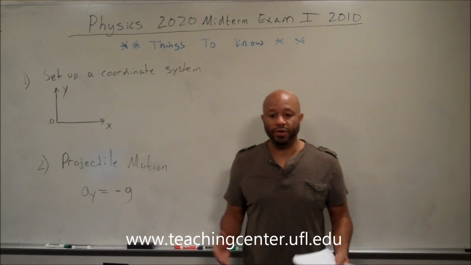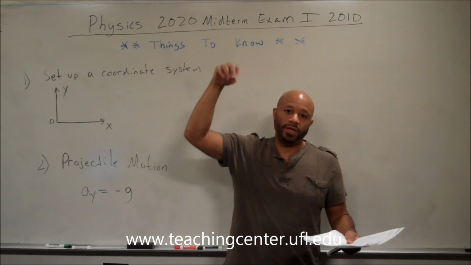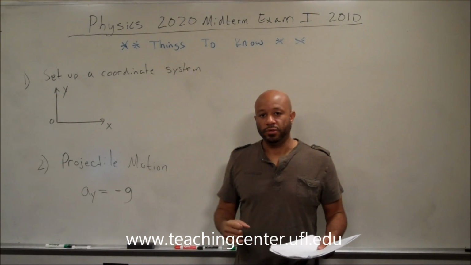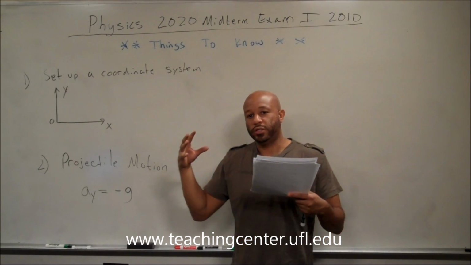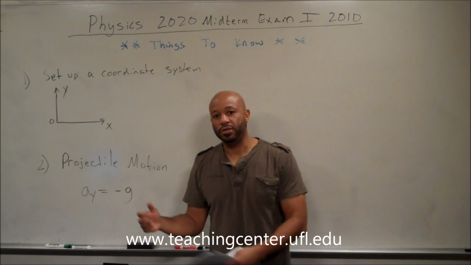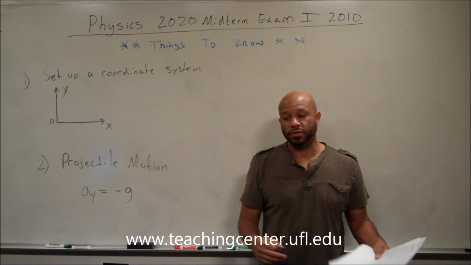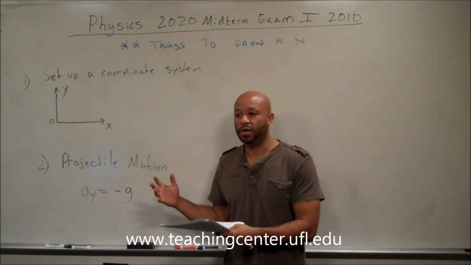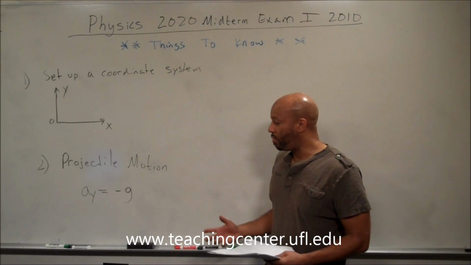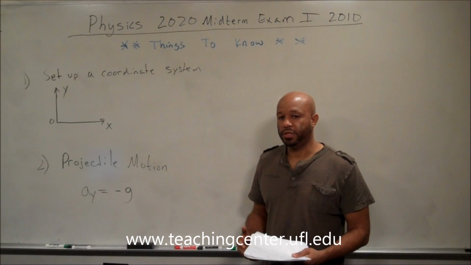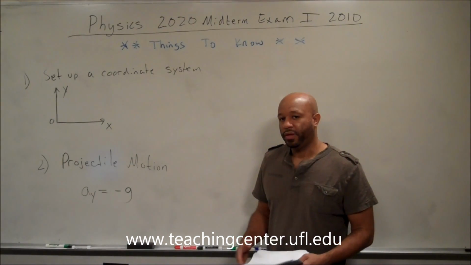Well, we know that gravity is always acting down on an object, okay? The question is whether it's going to act to speed up the object, which is to accelerate the object, or it's going to act to slow down the object, which is to decelerate the object. And so that's where the negative sign comes in for gravity.